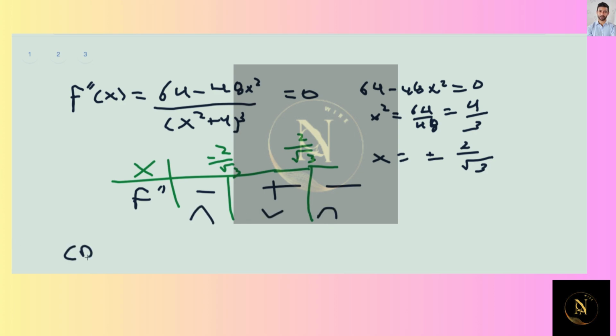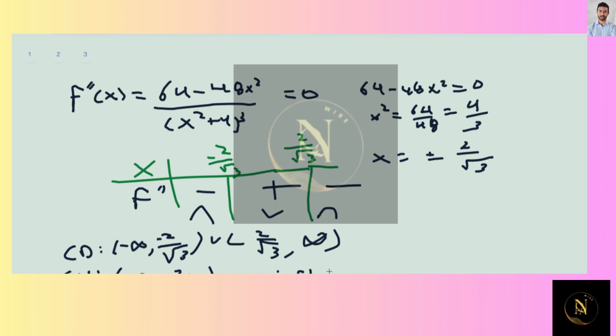Concave down occurs from negative infinity to negative 2 over root 3, and from 2 over root 3 to infinity. Concave up occurs between negative 2 over root 3 and positive 2 over root 3. Your inflection points occur when the sign changes, so you have inflection points at plus or minus 2 over root 3.